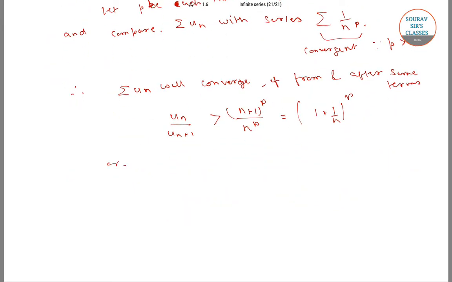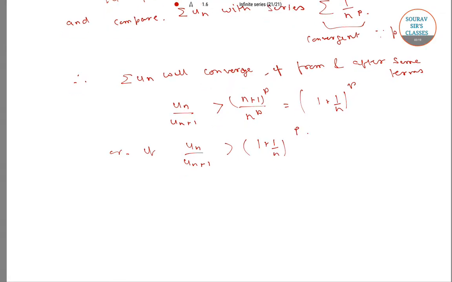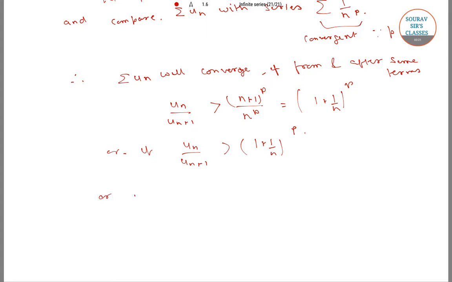Or if un by un plus 1 is greater than 1 plus 1 by n raised to the power p. Or if log of un by un plus 1 is greater than p log 1 plus 1 by n.